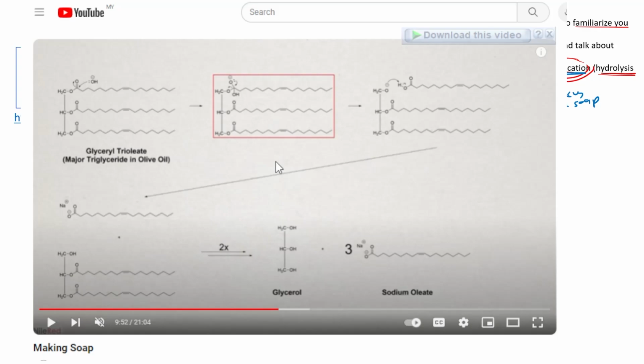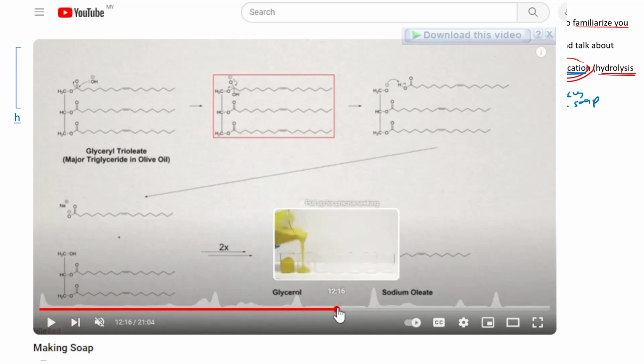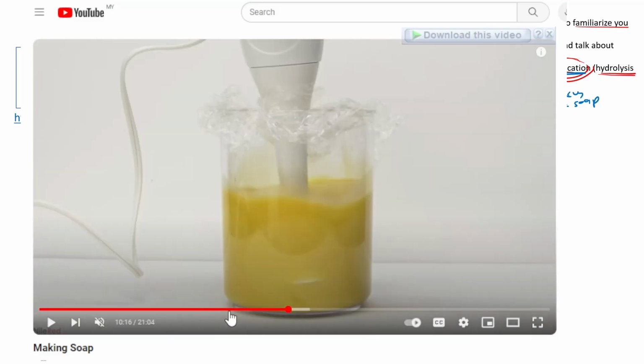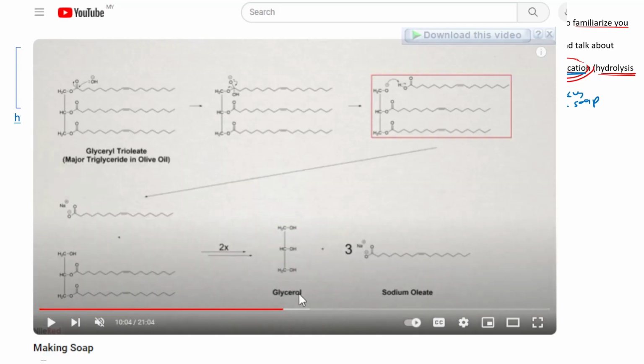You can just watch until the end, but what I'm focused on here is the mechanism. The experiment shows you how this mechanism happens in real life. You can watch it, 20 minutes, it is up to you, but I'm focused on the saponification itself.